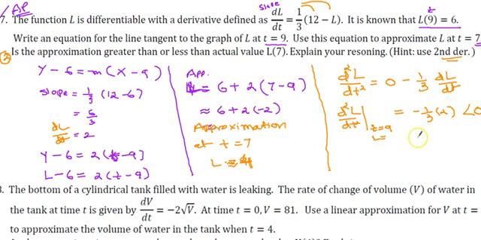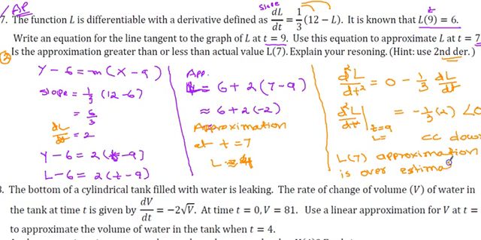So the graph of L is concave down. Why? We already proved that the second derivative is less than 0, so it is concave down. Therefore the L of 7 approximation is an overestimation compared to the actual value.